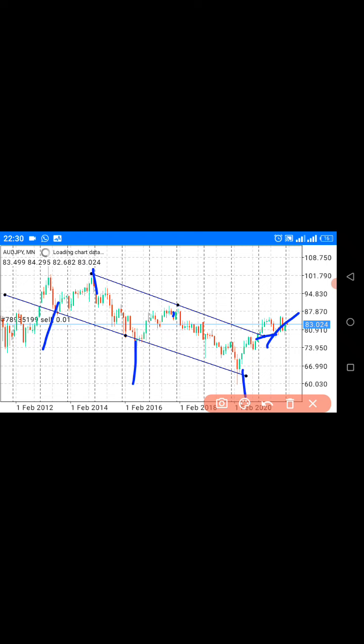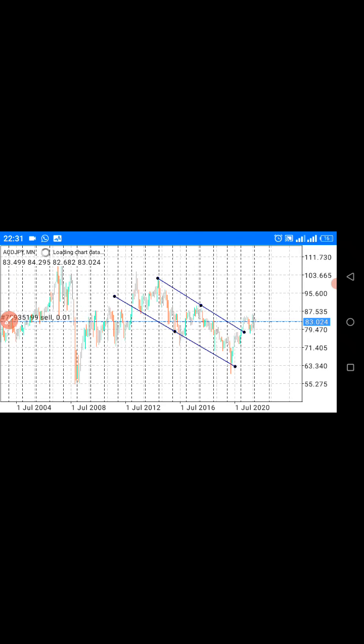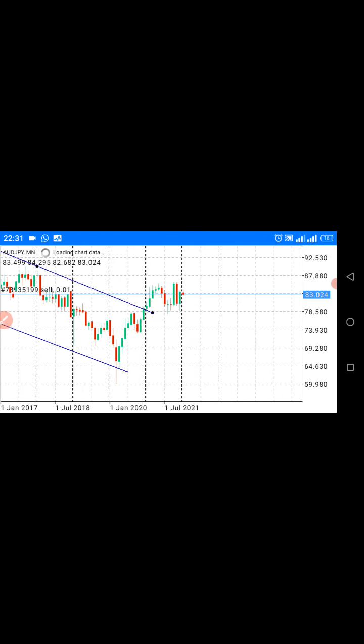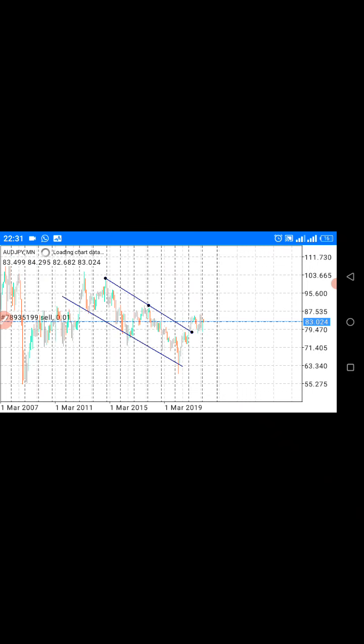Sometimes I really trade those with 4 touch on one side and 3 touch on the other, but the perfect one that I really love to take is the channel with 3 touch and breakout. So they are nice patterns to trade. So you can see this. After this, you have a breakout.